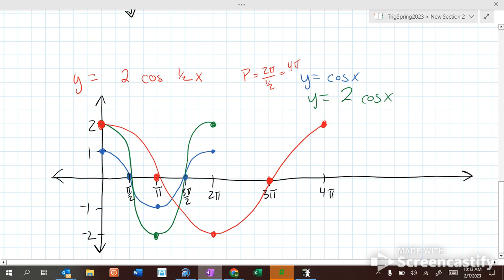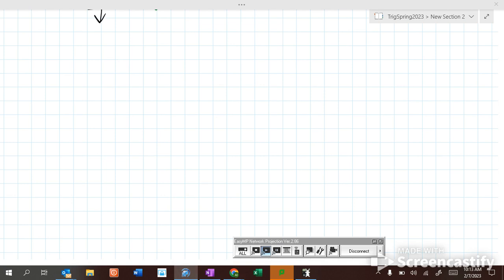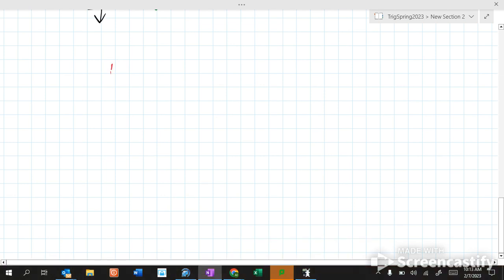Okay, let's do one more here. Let's go y equals 1 minus 2 sine of x over 2.